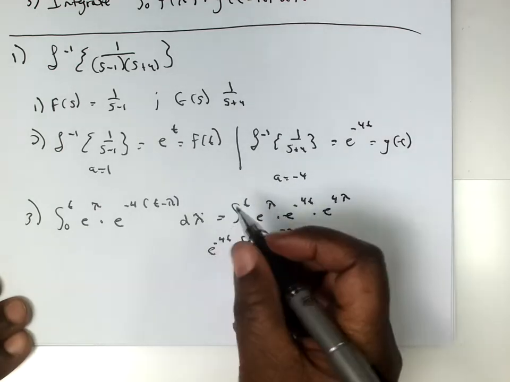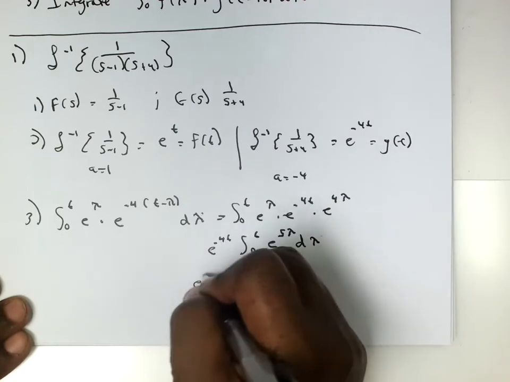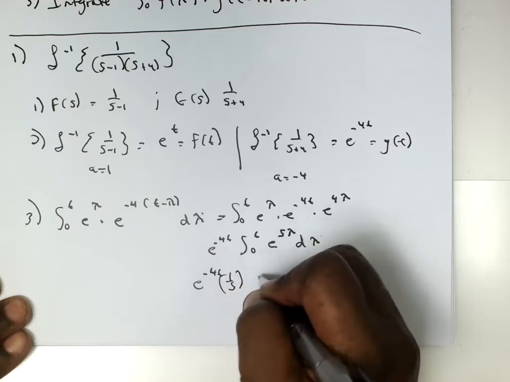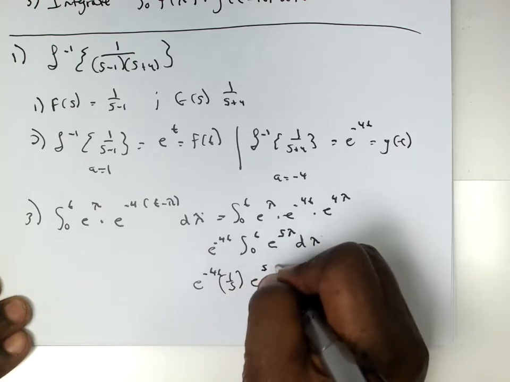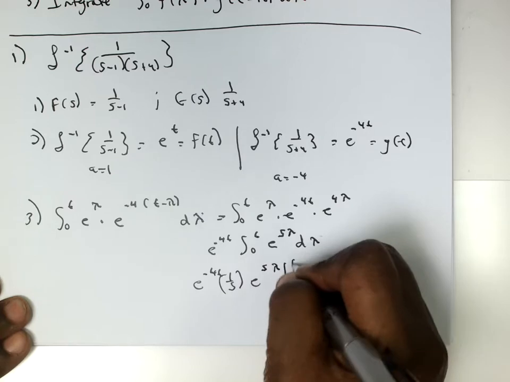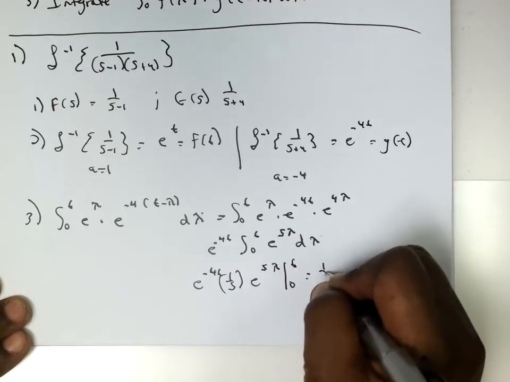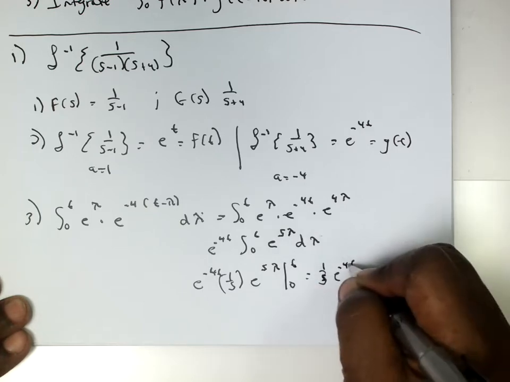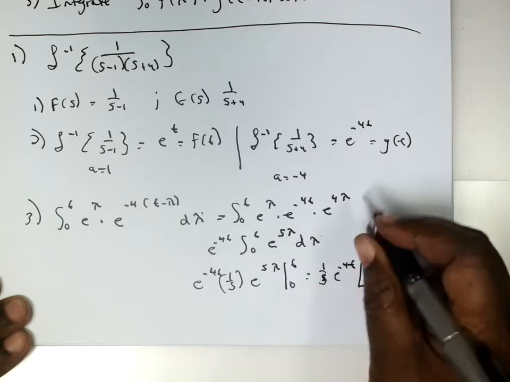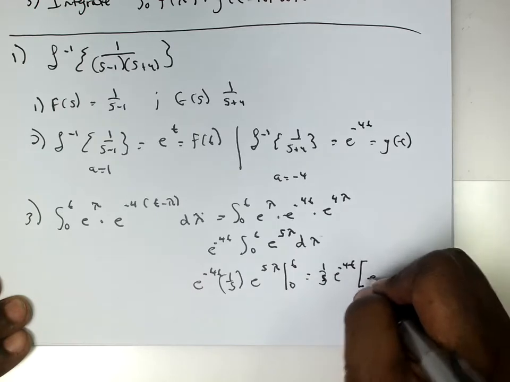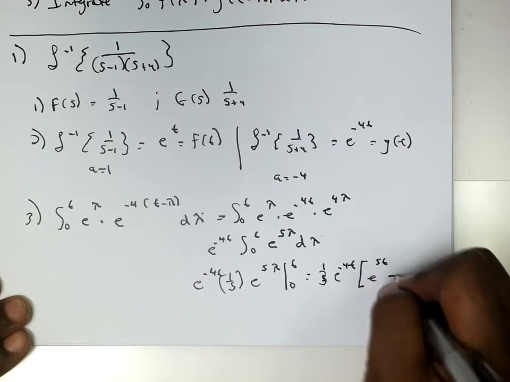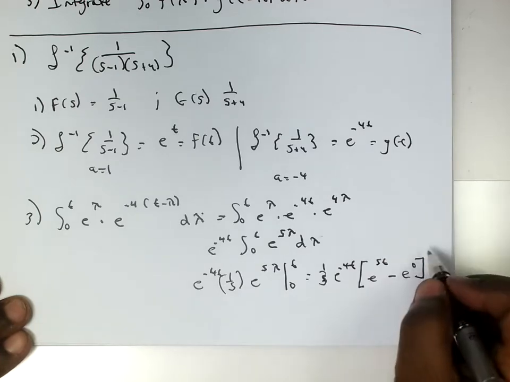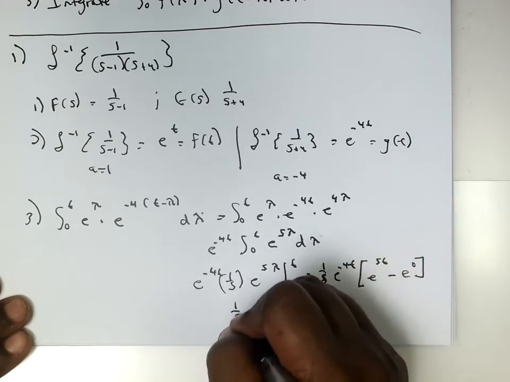Integrate that, I'm going to get a 1/5 out. So e to the negative 4t times 1/5 times e to the 5 tau from 0 to t. So 1/5 e to the negative 4t times (e to the 5t minus e to the 0), which is just 1.